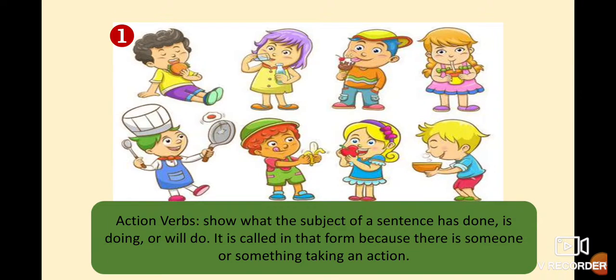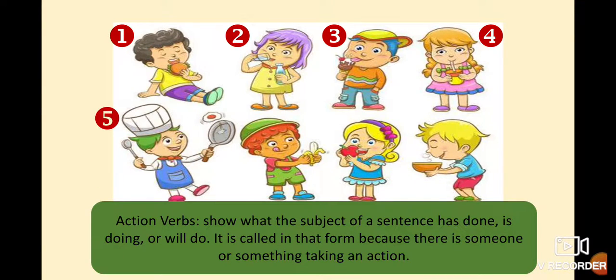For example, the first one, we can say that the boy is eating a hamburger. In number two, the girl drank a glass of water. Number three, the boy is eating an ice cream. Number four, the girl tasted an orange juice.